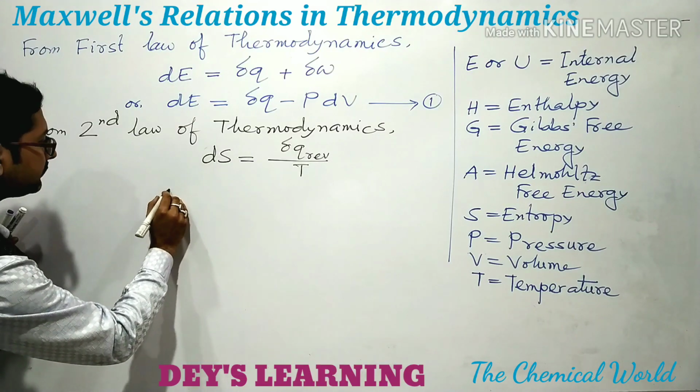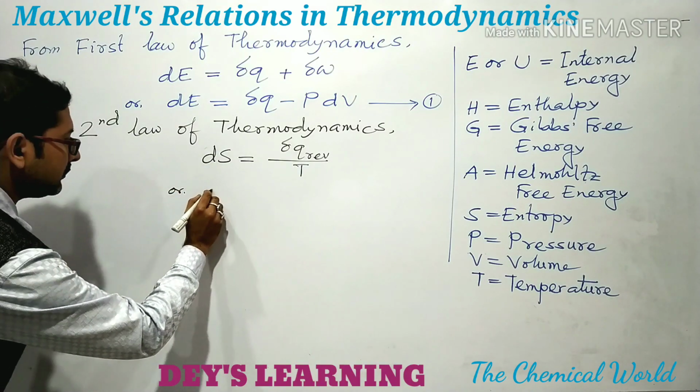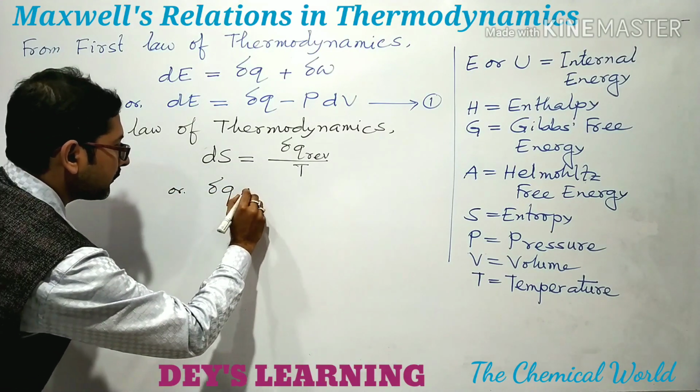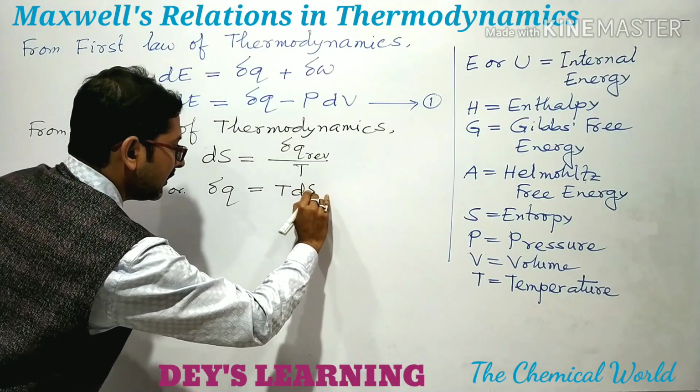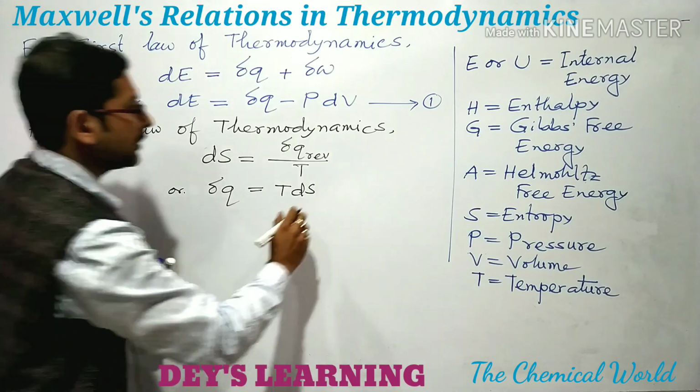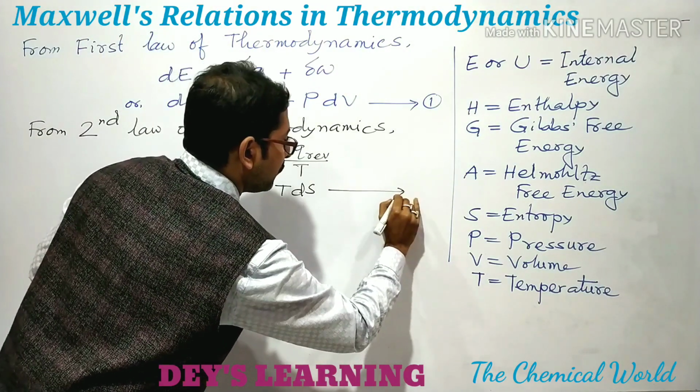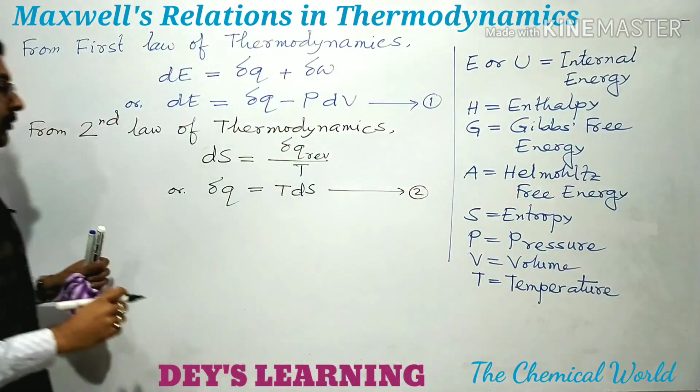So we can write del Q equal to T into dS. Definitely this is reversible. So this is our relation number 2.